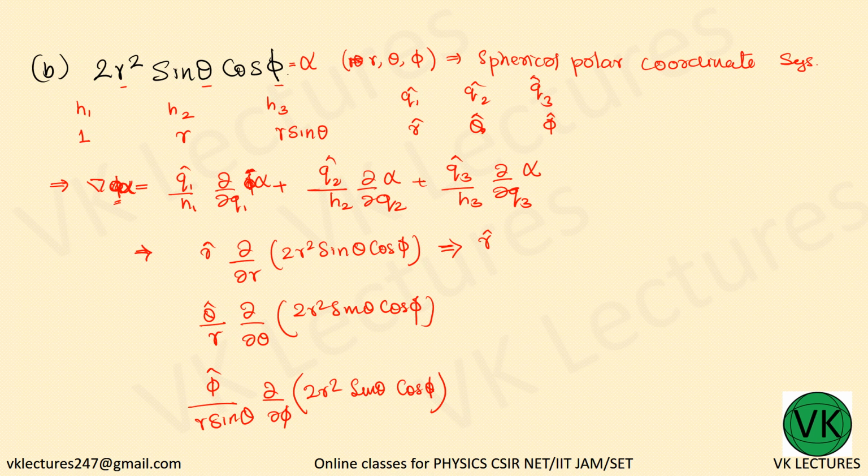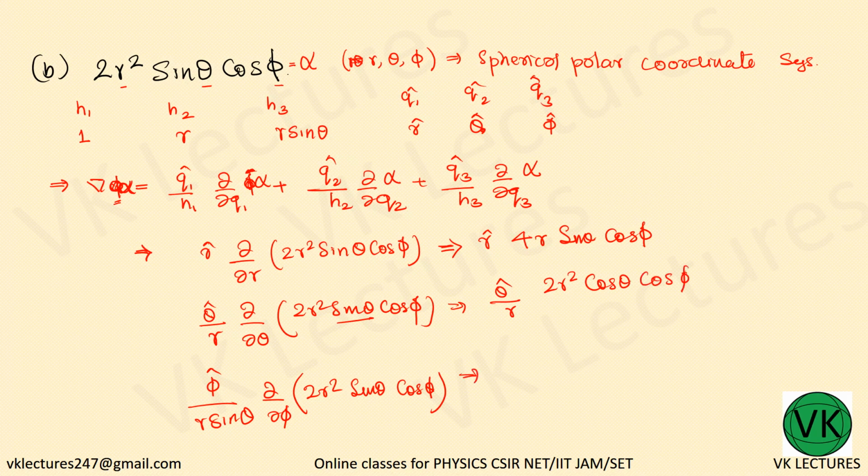So this gives us r cap into dou by dou r of this quantity, that is 2r square, 2r square means 4r, sine theta cos phi. This is equal to theta cap by r dou by dou theta. So sine theta will become cos theta, so 2r square sine theta cos theta cos phi.